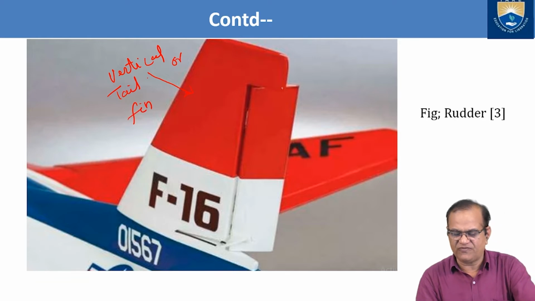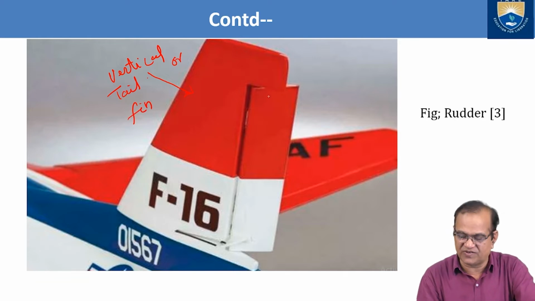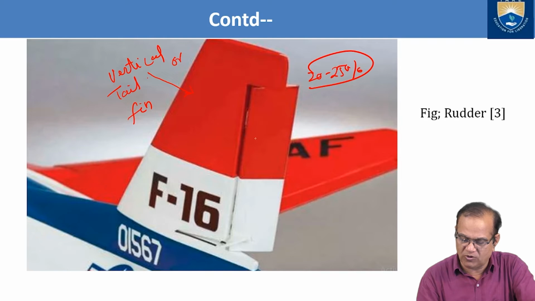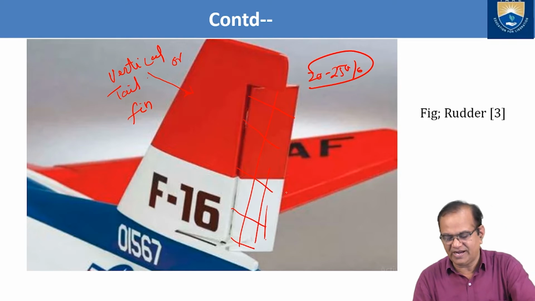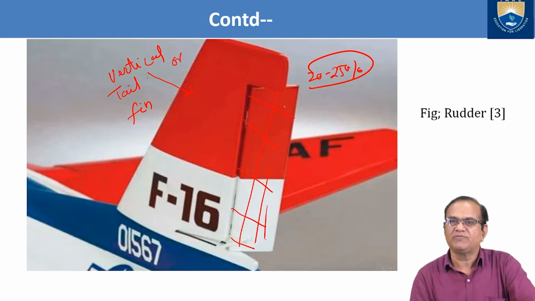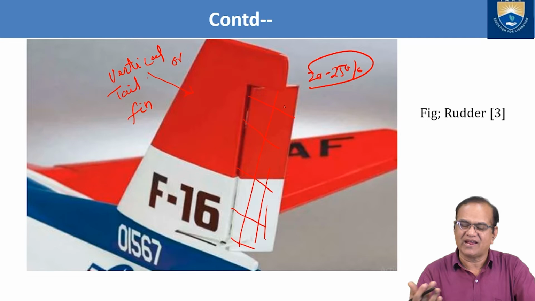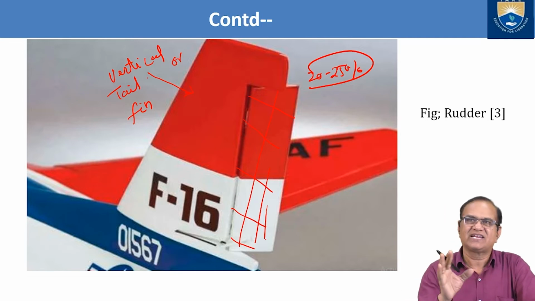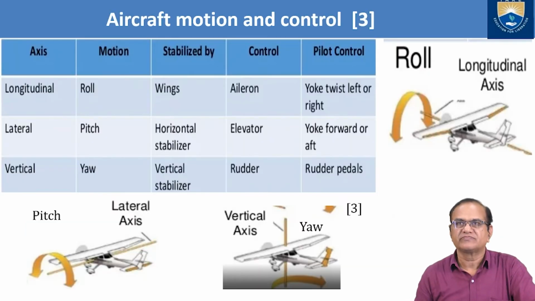In the fin itself, at the last part, nearly 20 to 25% of the area is movable. This part is your rudder, and it can be moved with the help of the pedal, and accordingly left and right can be achieved.